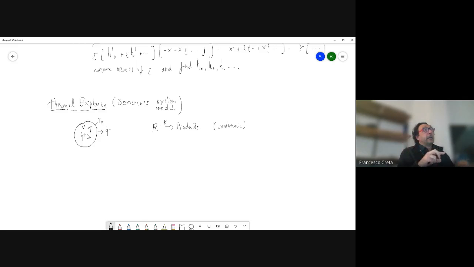You have the exothermic chemical kinetic process, whereby you have an increase in temperature, but remember that this process, as we will see, will be evolving at a rate which is a very non-linear function of temperature. In fact, it's an exponential.